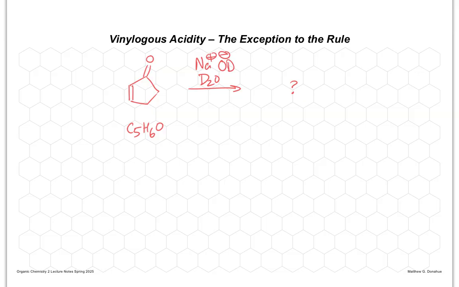So maybe I'll draw an intermediate. I'm just going to swap out the two alpha H's. So we know we can deprotonate those and then exchange them for deuterium with the D2O.